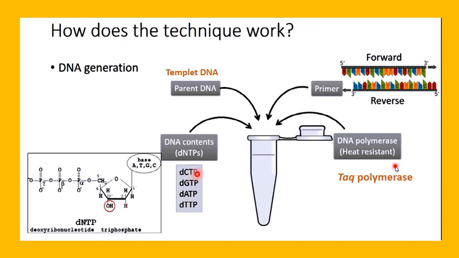Also, we add the dNTPs. dNTPs are separate nucleotides or blocks, from which we construct the new strands in this bioreaction. The dNTPs contain the four types of nucleotides: C, cytosine; G, guanine; A, adenine; T, thymine.